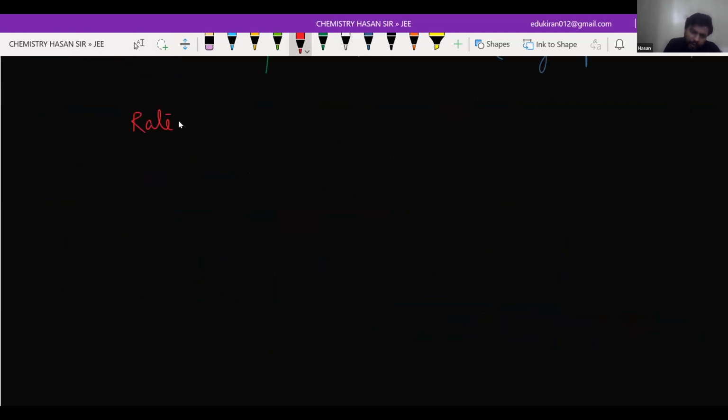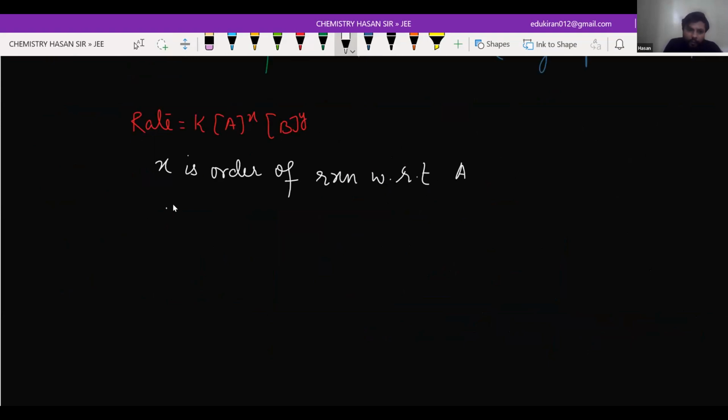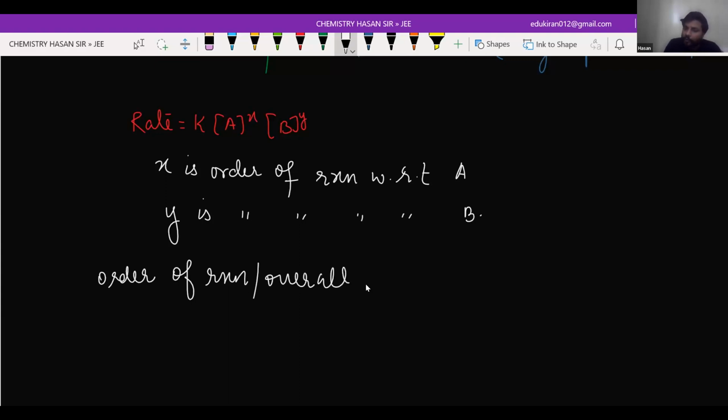If the rate law expression is rate equals k into A raised to the power x into B raised to the power y, then x is the order of reaction with respect to A, and y is the order of reaction with respect to B. The overall order of reaction will be the sum of all the powers, x plus y.